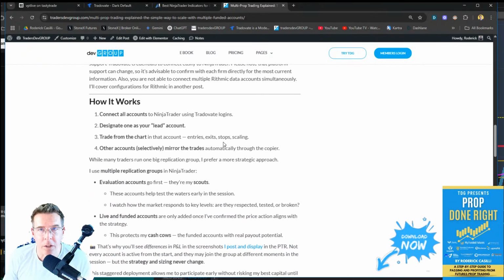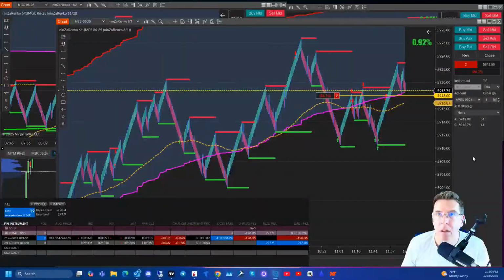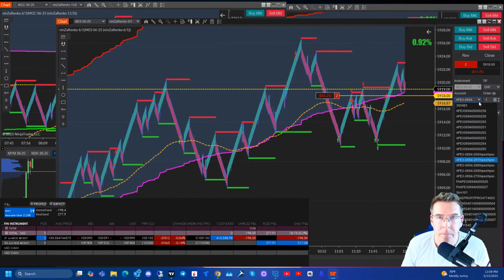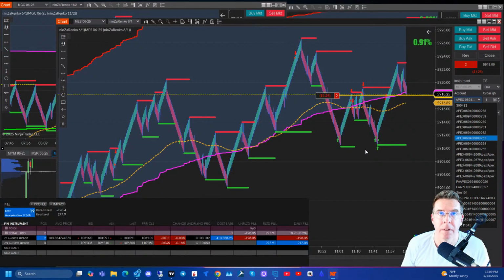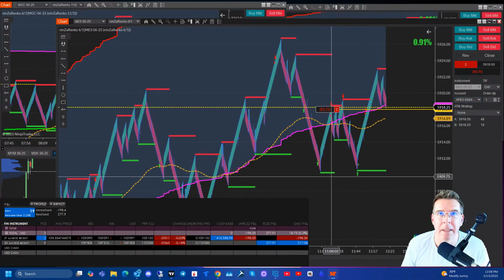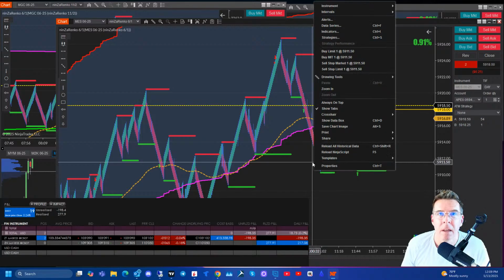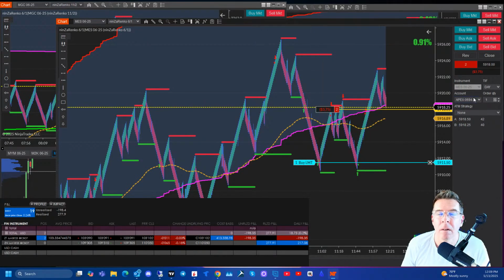Okay. So going down here a little bit more, I'm just going to read part of this. So here's how it works. You connect all your accounts to Ninja. You designate one as a lead account. Then you trade from the chart, and all the other accounts are going to copy this. On this screen, my lead account is right here. If I put an order right here, order submitted.